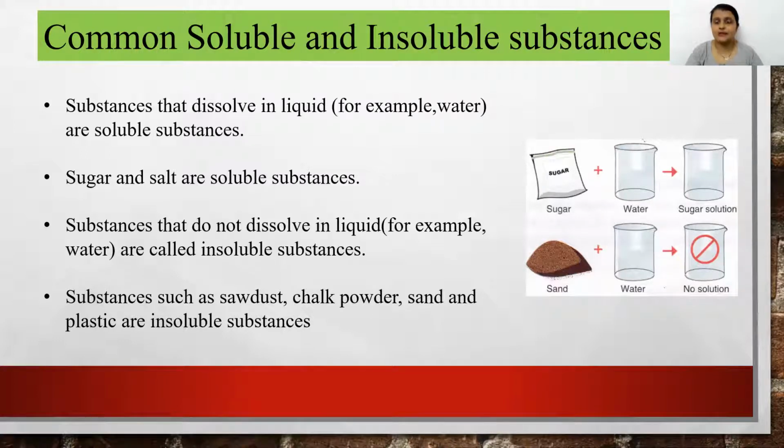While there are substances that do not dissolve in liquid, for example, water, right? They are called insoluble substances. Substances such as sawdust, chalk powder, sand, mud, plastic, pencil, eraser, these types of substances are called insoluble substances because they will not get dissolved in liquid.